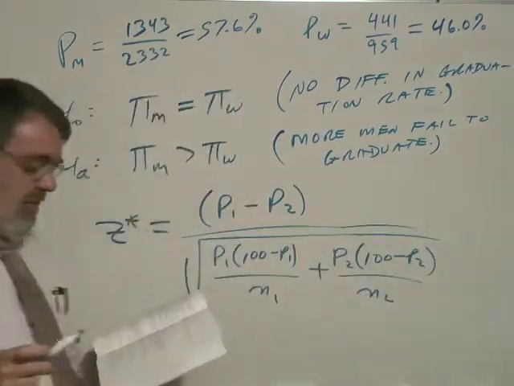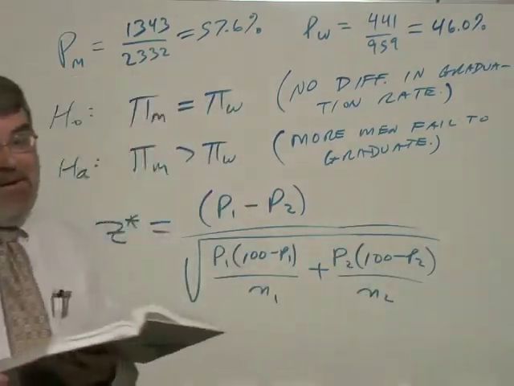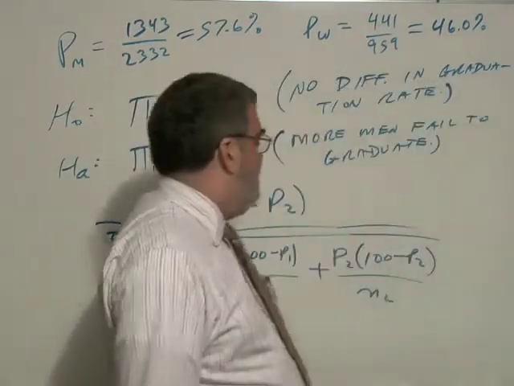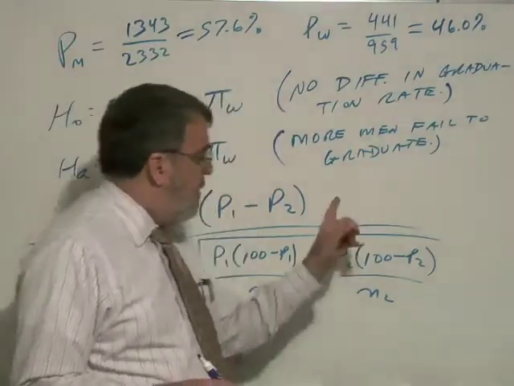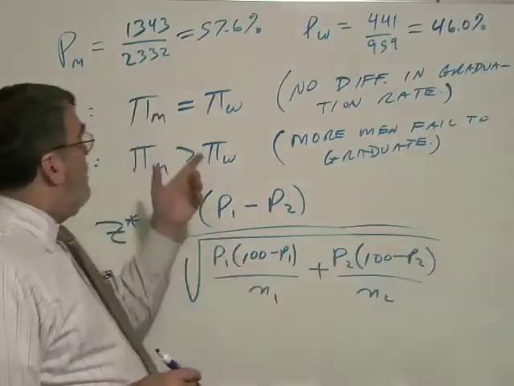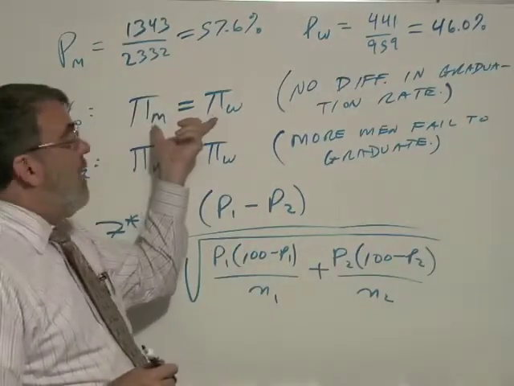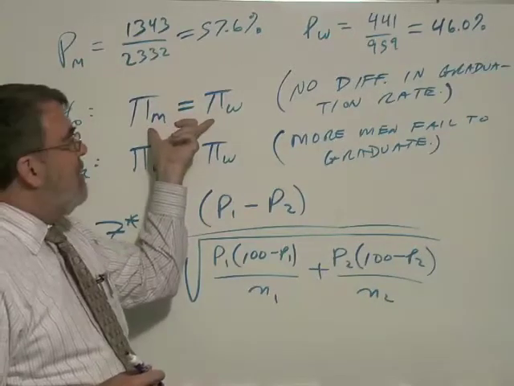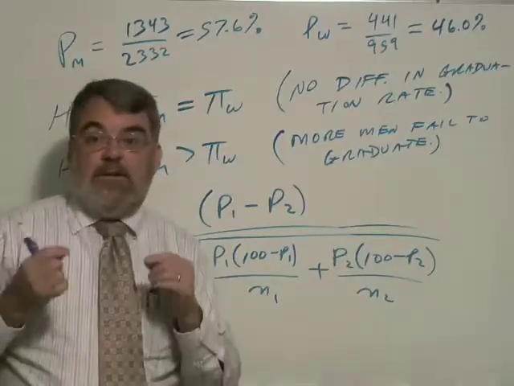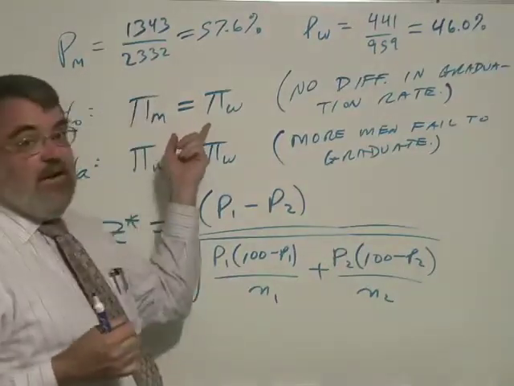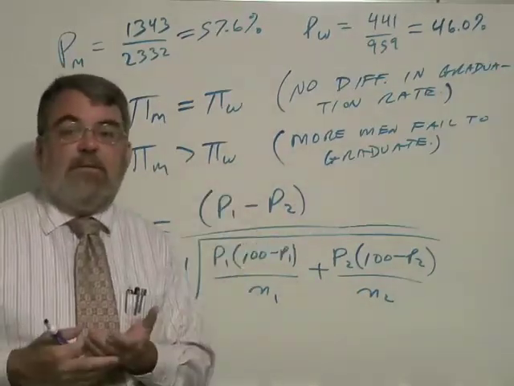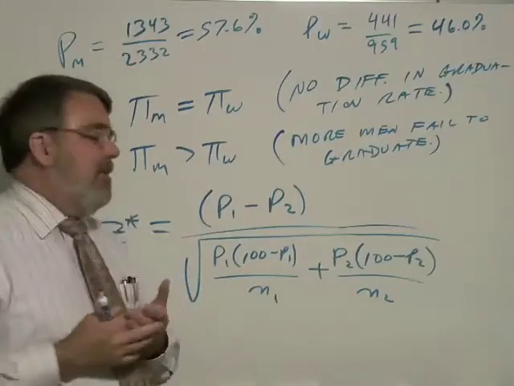Well, I altered the book formula in a couple of ways, and I want to explain what I did. The book formula, of course, is correct, but so is mine. In the book formula, they have minus (pi 1 minus pi 2). Well, in the null hypothesis, these would be equal, and so if you subtract them, you'll get 0, won't you? So if you're testing whether there's a difference or not, then you're testing against no difference versus at least some statistically significant difference.